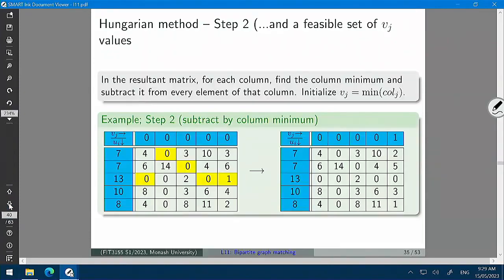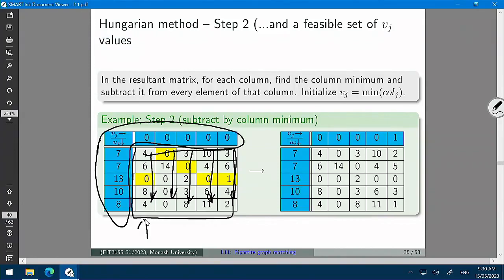You're doing the same thing in the column sense. Now remember, these are my feasible values of Ui from the previous step. Now I'm taking the minimum in the columns. The minimum in the first column is 0. Remember, this is the parallel universe, the Ui and Vj universe.